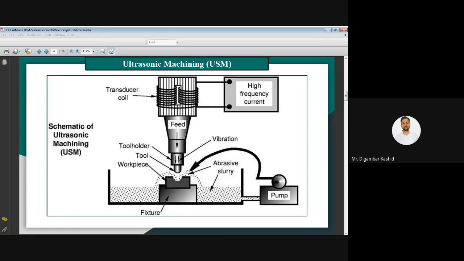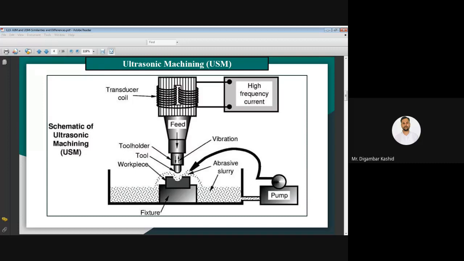Abrasive slurry means abrasive particles suspended in a liquid medium, and that is delivered in a small gap between your tool and workpiece. That tool is held by the tool holder, and using the transducer you can give the vibrations. So the vibrating tool is there and your workpiece is there, and in between you have to deliver your abrasive slurry.